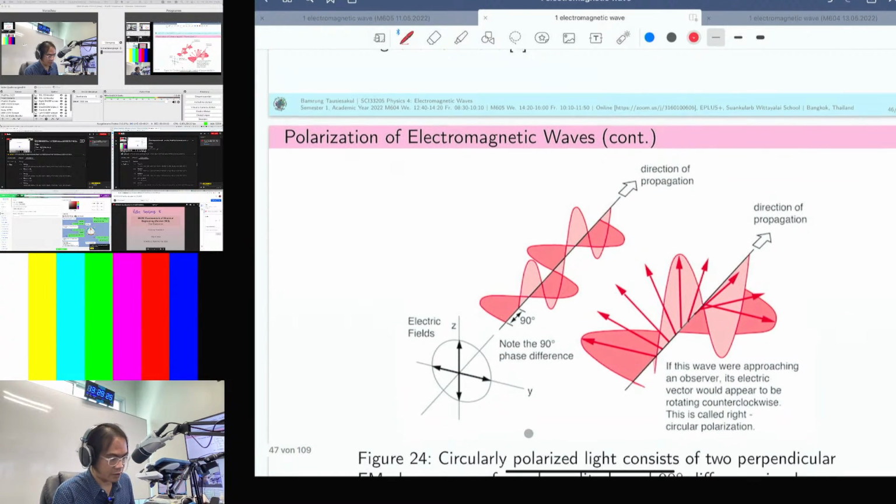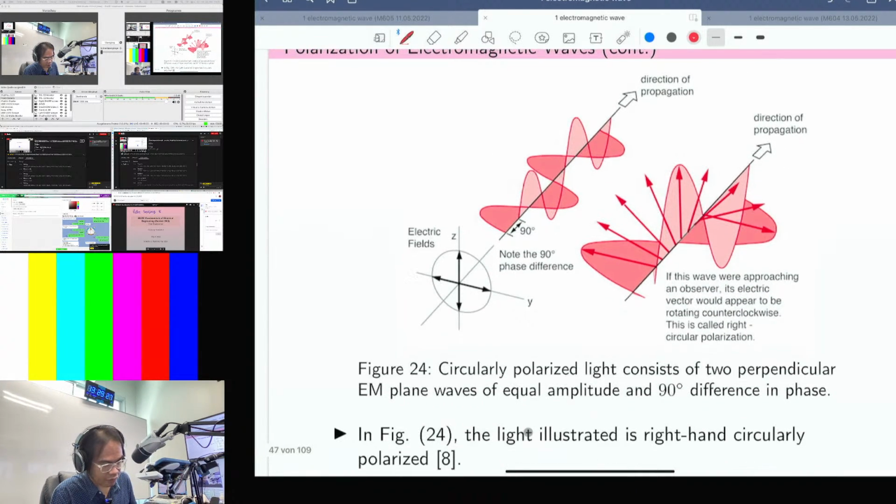Now let's talk about a more sophisticated type of arrangement of the electric field. It can happen that at the starting point, we have the electric field in the horizontal plane like this. Okay, horizontal plane. And once the wave goes by, the electric field goes by like 90 degrees, now the electric field becomes vertical.